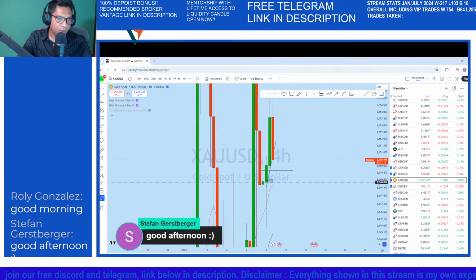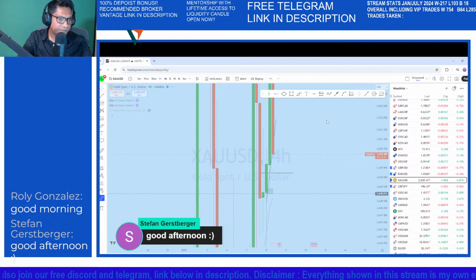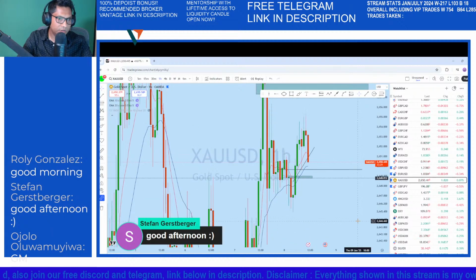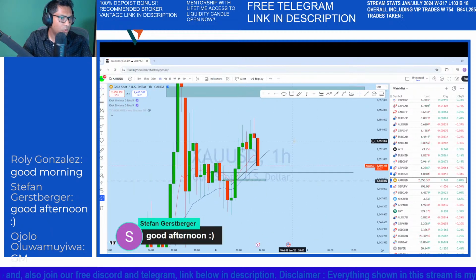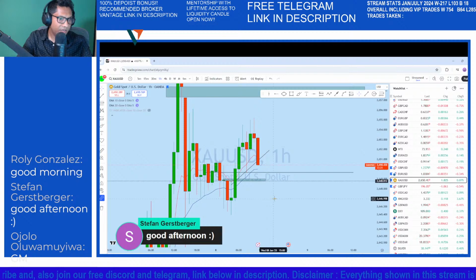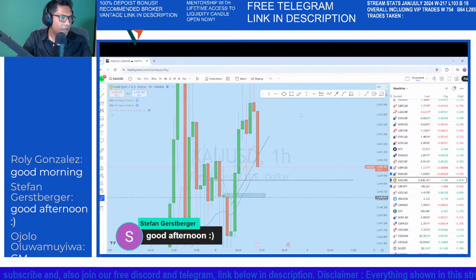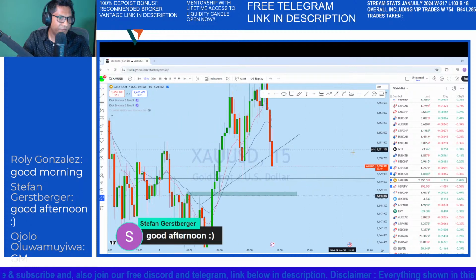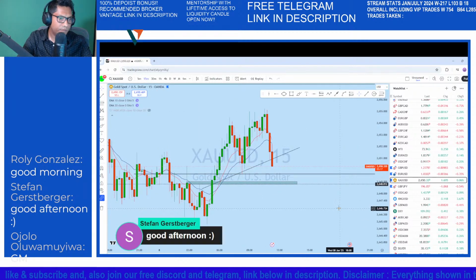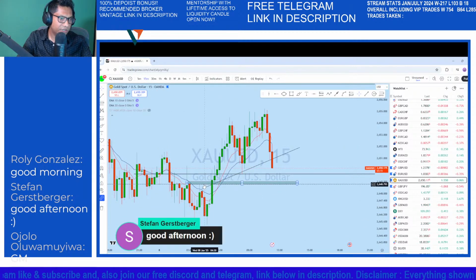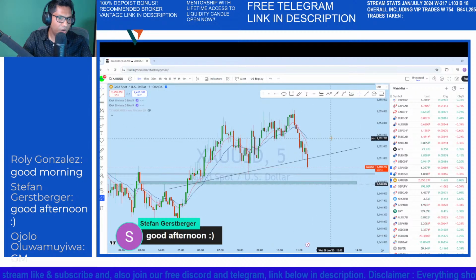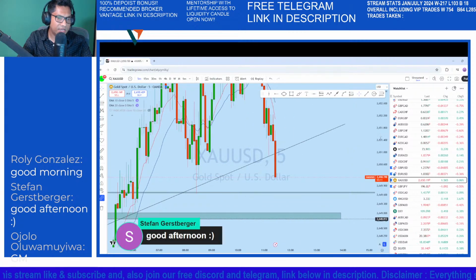Looking at here, this is the 1 hour chart, a very sharp drop from the 1 hour perspective. Looking at the lower time frame, 15 minutes, a sharp drop. So this is a fair value gap. We'll wait for the market to penetrate that level.